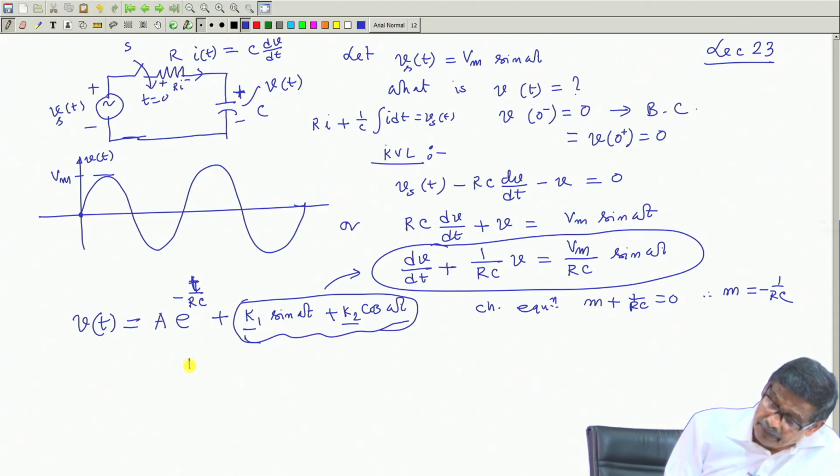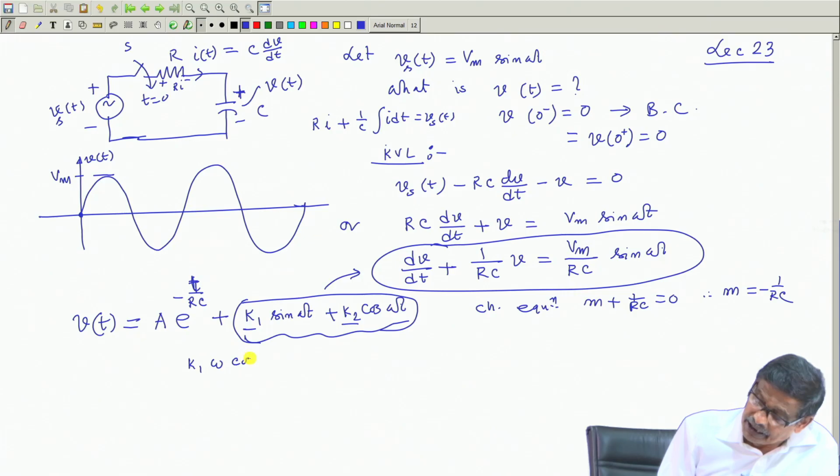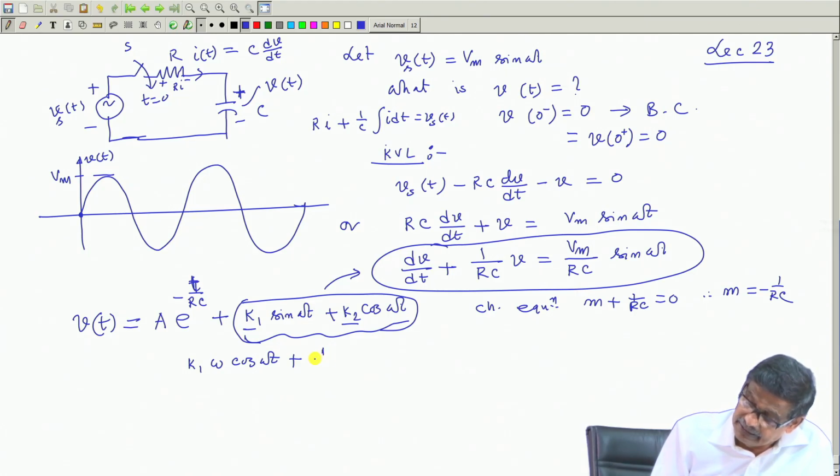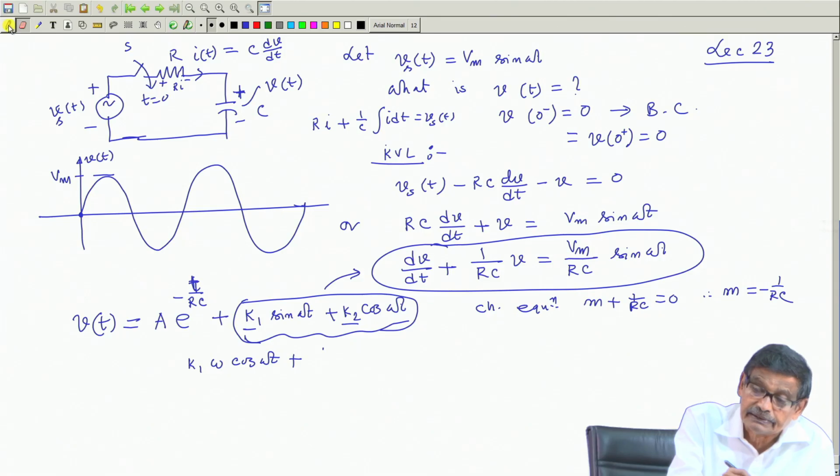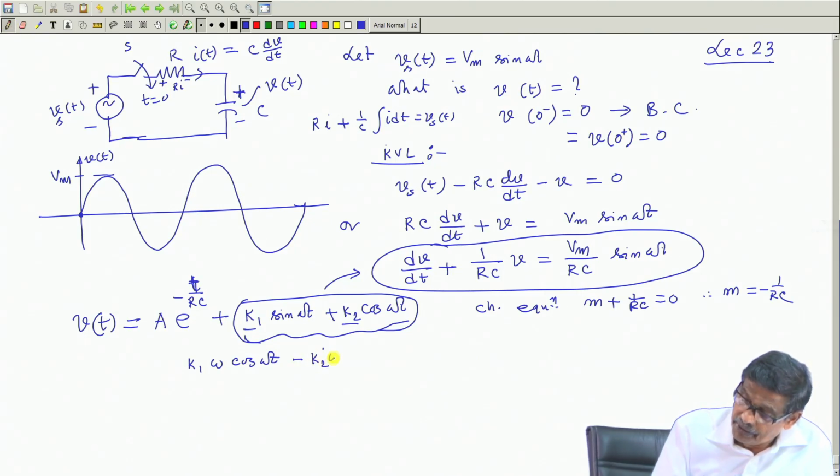So, it will be k1 omega cos omega t, plus 1 over RC into k1 sin omega t... this term is still there, there is another differentiation you have to do, that will be equal to k1 omega cos omega t minus k2 omega sin omega t, this part only I am putting, plus 1 over RC into this one.